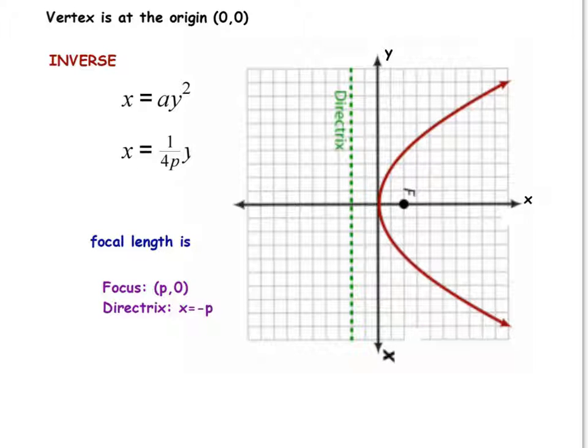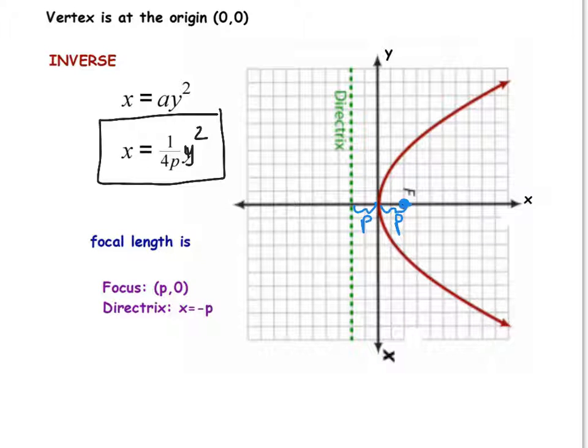The equation for this parabola is similar in that it has a focus, in this case right on the x-axis, and it has a directrix. In this case, this distance is the focal length, as well as that distance. The equation is very similar: x equals 1 over 4p times y squared.